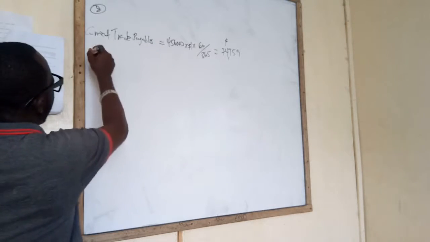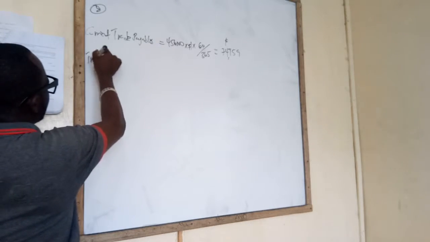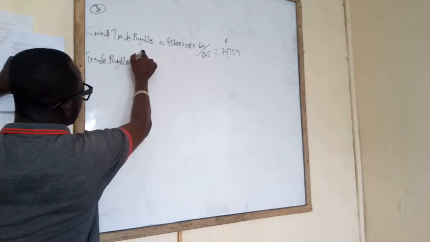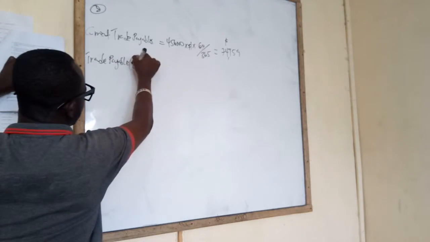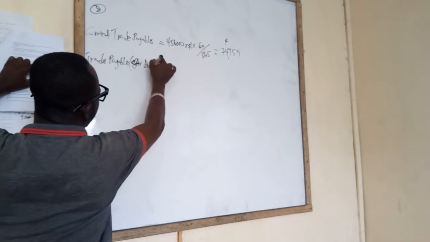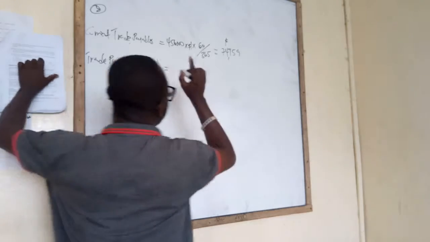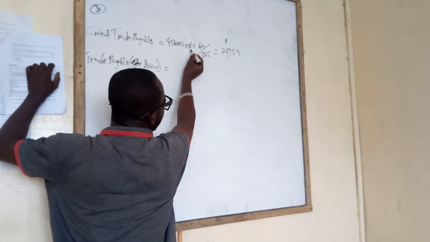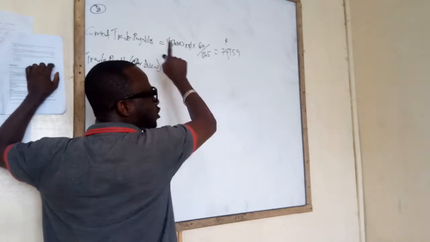What will be the trade payables after the discount? Sorry, trade payables when we take the discount. How much discount are they giving us? 1%. That means we won't pay the $1; we'll pay 99% of the $1.